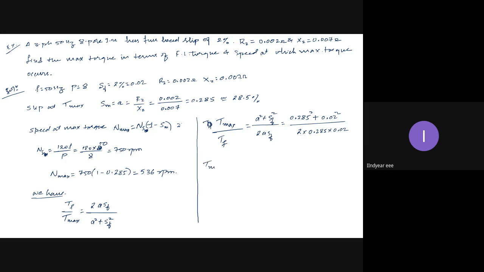So T max is equal to 7.16 Tf. So the maximum torque is 7 times the full load torque.